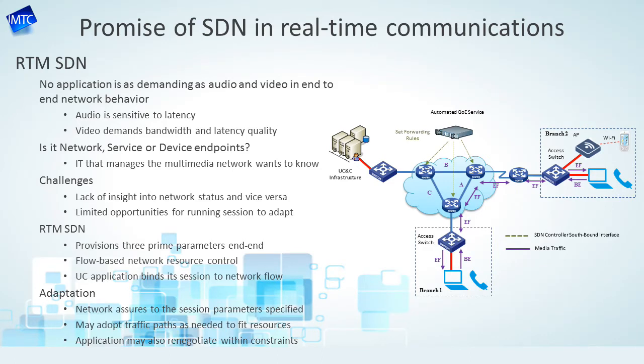As we go into the discussion on the slide, on the right-hand side you can see that there is a call set up between an endpoint at the bottom and a wireless endpoint or another video or voice endpoint on the right side.